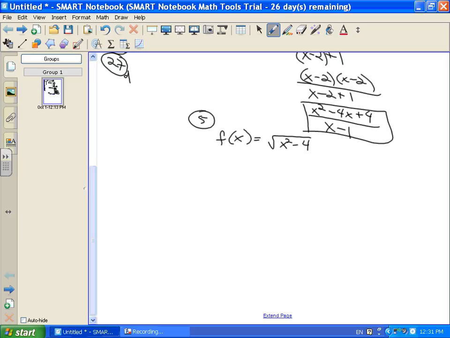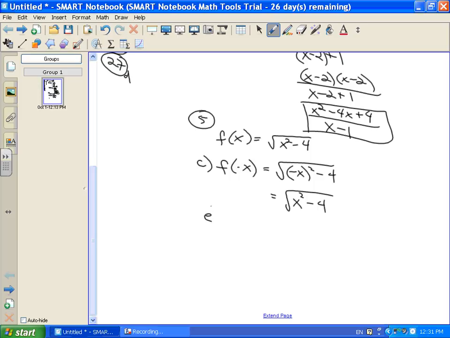All right, C wants f of negative x. So I plug a negative x everywhere that I see an x. So I'm going negative x squared minus 4. What is negative x squared? Squared. Actually got back what I started with.